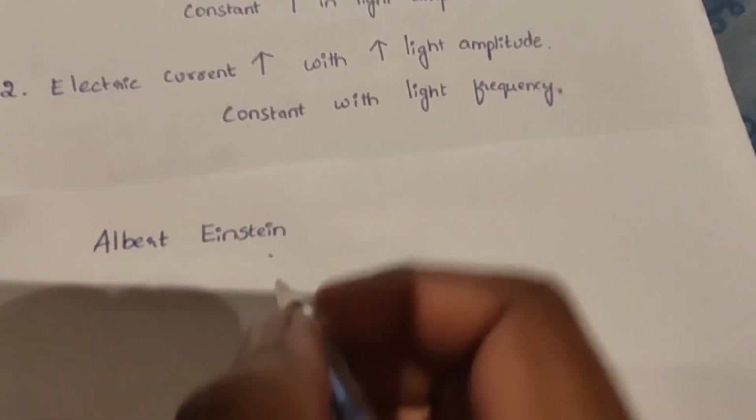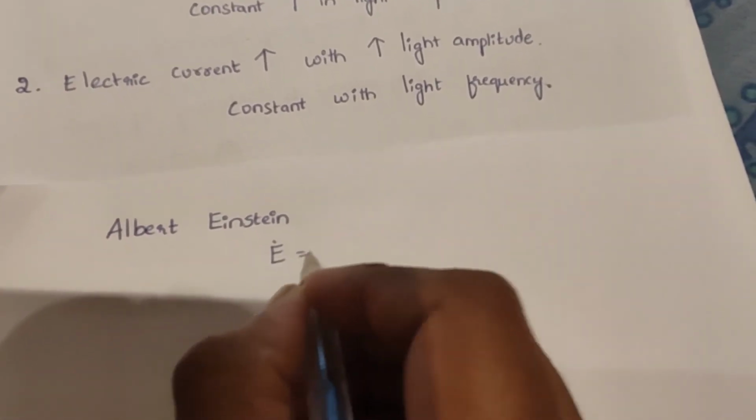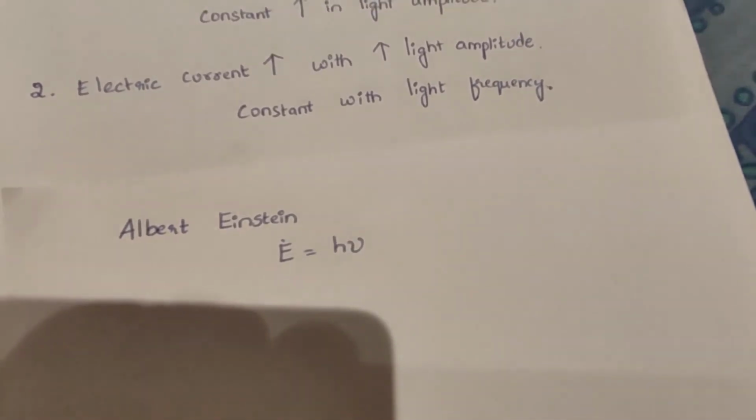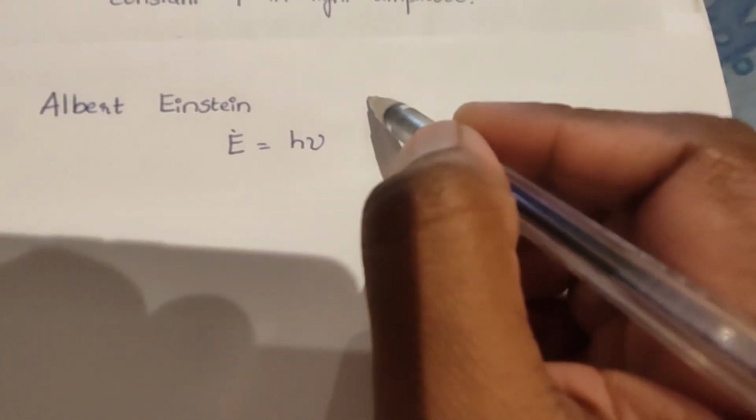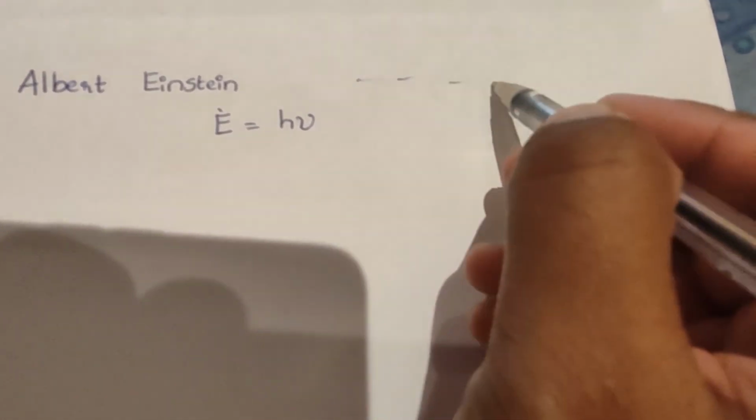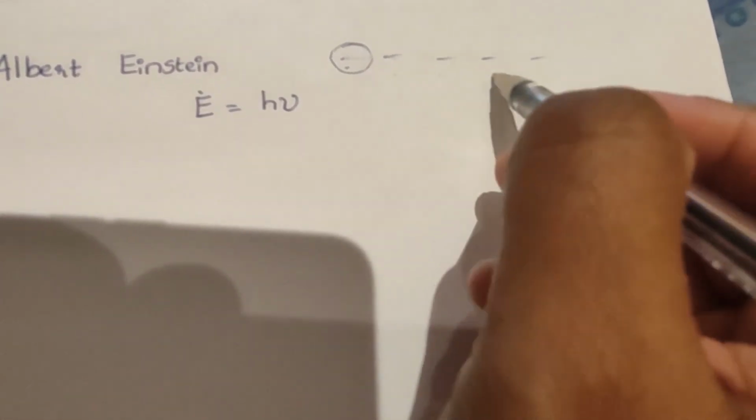According to Planck's quantum theory, E is equal to h nu. So, according to Planck's quantum theory, light has a particle nature and the smallest quantized energy is considered as a quantum. And here Einstein considered each particle as a photon.